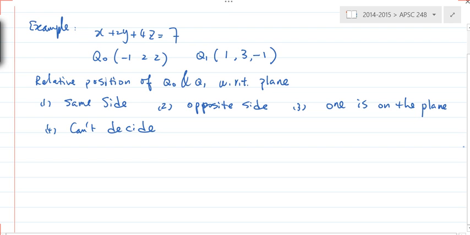When you have this kind of question, what kind of logical way of thinking shall we use to figure out the relative positions?